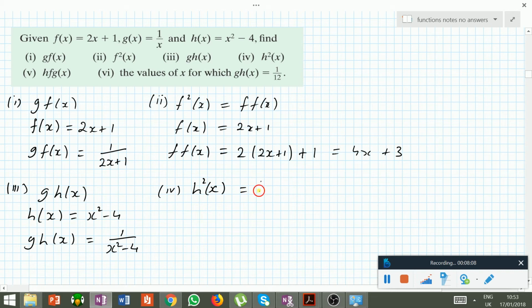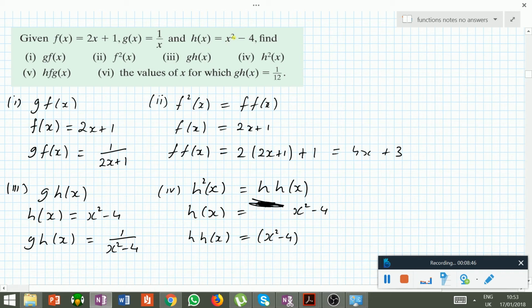H squared of x is equal to h after h of x. H of x is equal to x squared minus 4. No, I'm going to leave that because the eraser isn't working for me. I'm just going to leave it, and I'm going to say x squared minus 4. And then I need to do h after h of x will be equal to, alright, so instead of x, I'm going to put x squared minus 4.